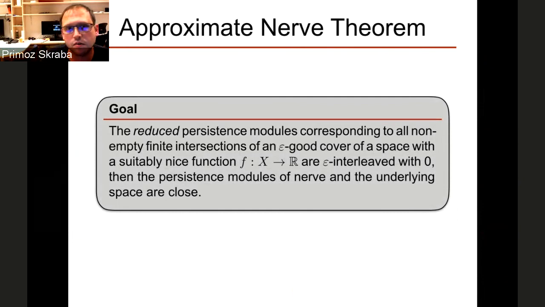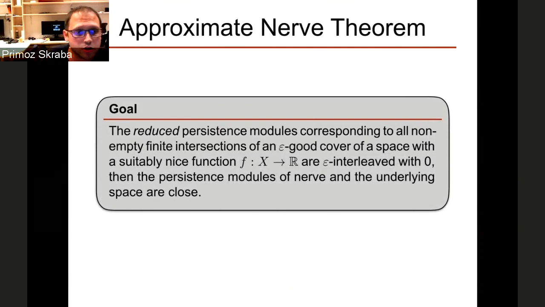If you think about just one cover element, it covers a space with a function. So you just consider the restriction of the function to that little cover element, and you compute its persistence module. And if it's epsilon interleaved with 0, then we say that piece is epsilon good.